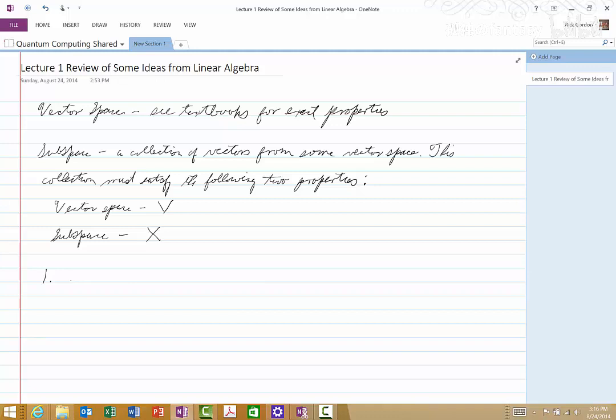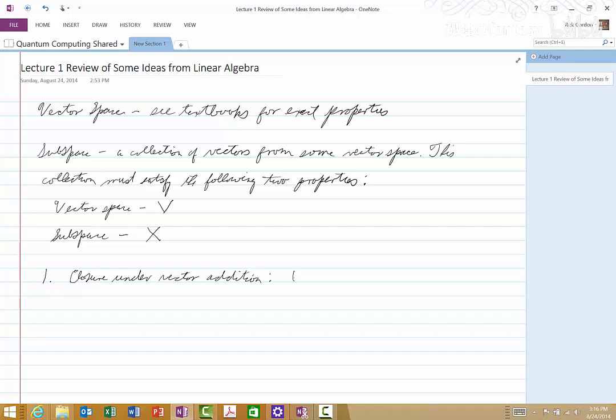The first condition is referred to as closure under vector addition. And it goes like this.